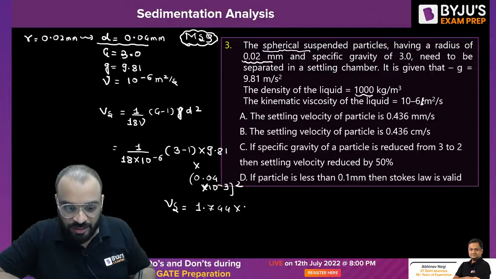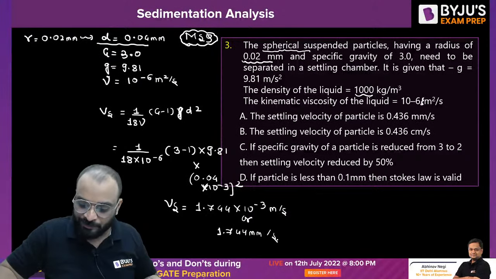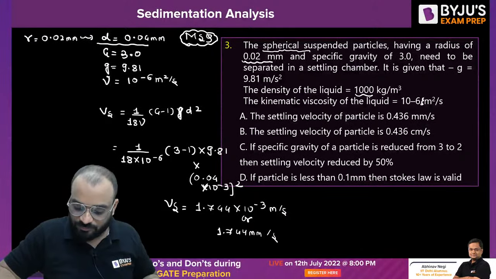1.744 into 10 raised to power minus 3 meter per second, or we can say 1.744 mm per second. Correct? Yes or no?